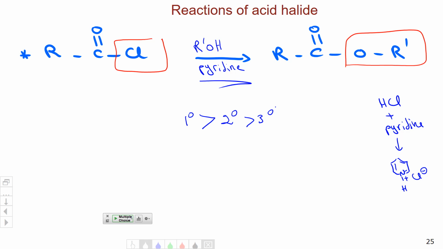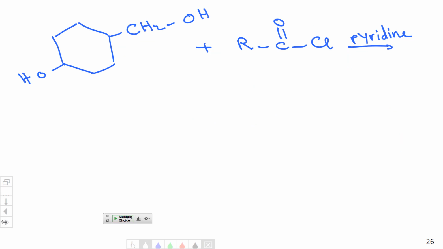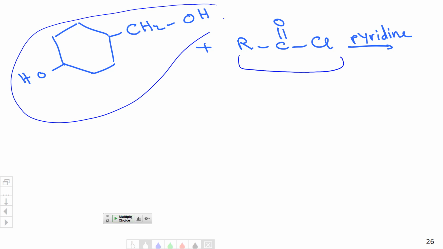So the last one, as you might predict, is how to prepare the amide. Actually, before we go to the amide, if I have an acid chloride and I start with this molecule in here and I add pyridine, and let's say I have one equivalence of the acid chloride.